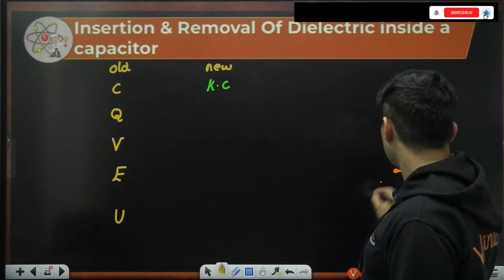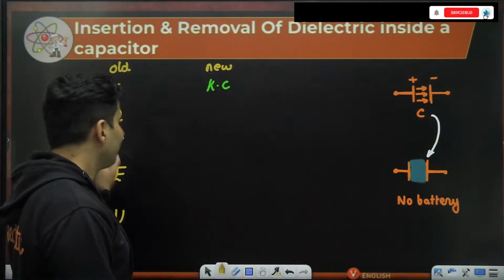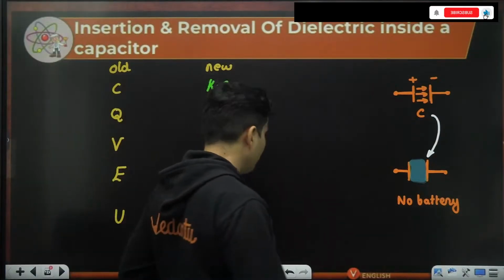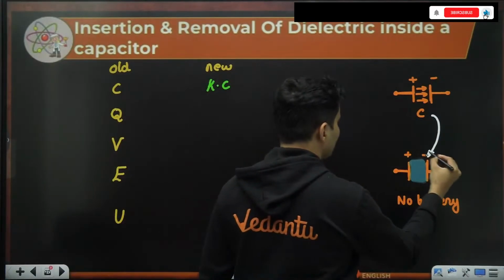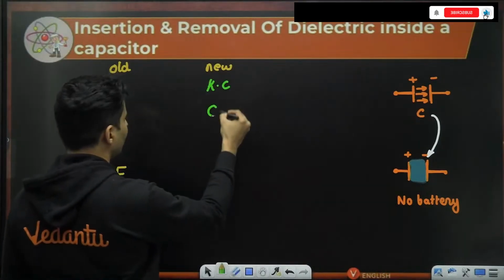Okay. Now, what's the difference when there is no battery versus battery? When there is no battery connected, the charge has no place to escape. So the charge will remain the same.